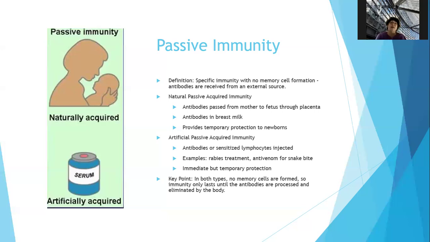You can also get artificial passive acquired immunity, where antibodies or sensitized lymphocytes are injected. Rabies is a good example, or antivenom for a snake bite. It's immediate but temporary protection.